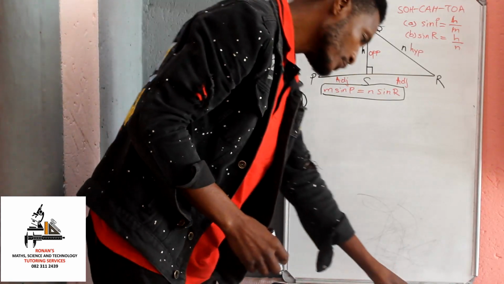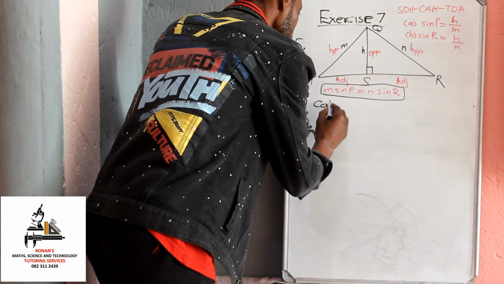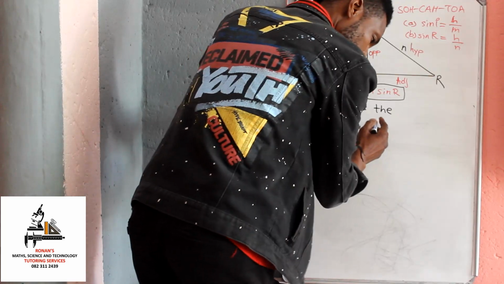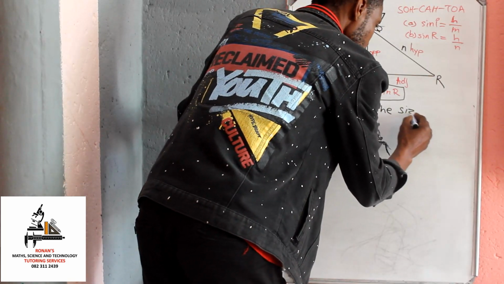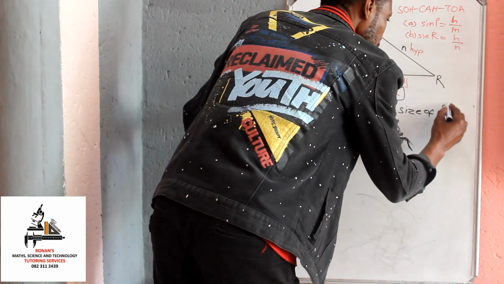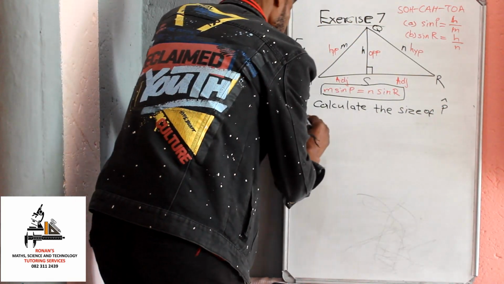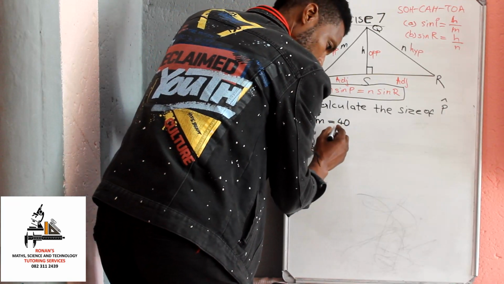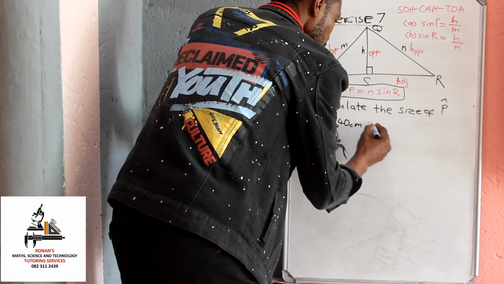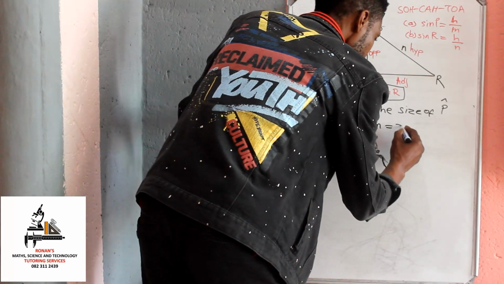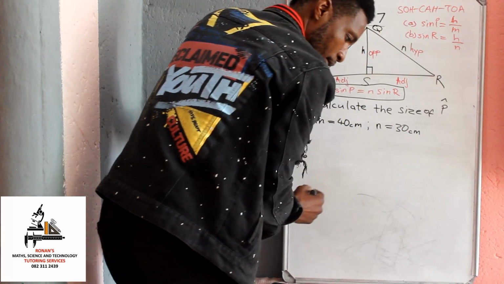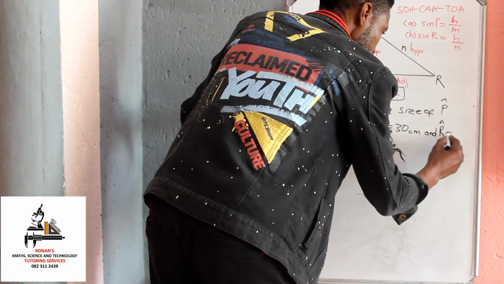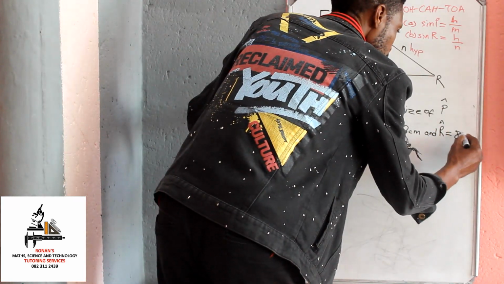From this information that we've just found on C, where M sin P is equal to N sin R, we are going to calculate the size of P. Now they say M is equal to 40 centimeters, N is equal to 30 centimeters, and R is equal to 80 degrees.